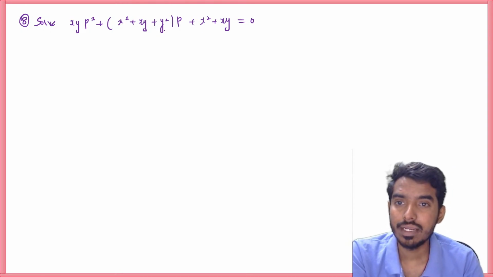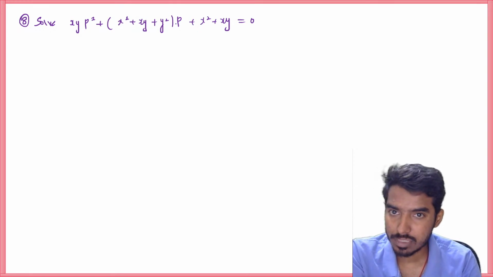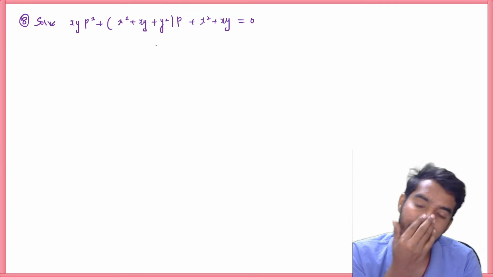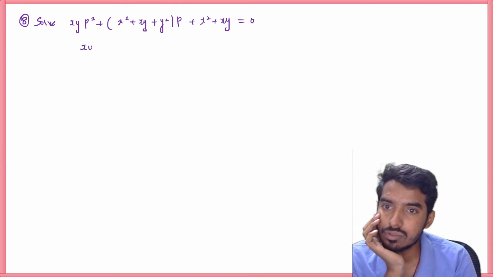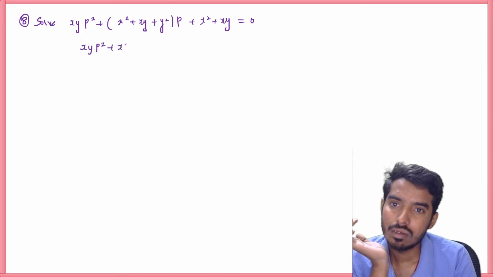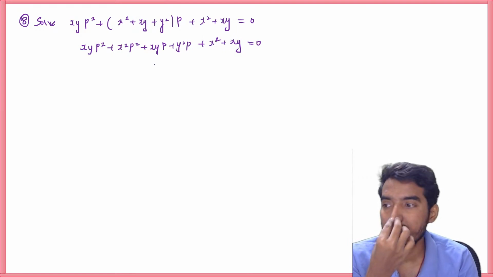You need to solve this, right? Now what I'm going to do is make some simplification here. This is xy p square plus x square p plus xy p plus y, and we have x square y is equal to 0, right?